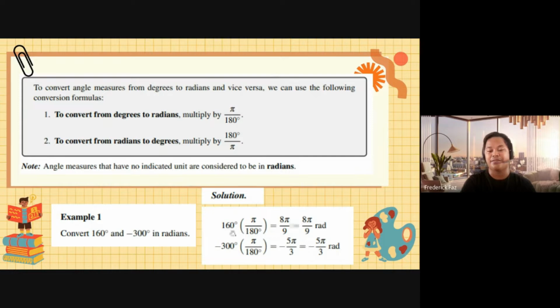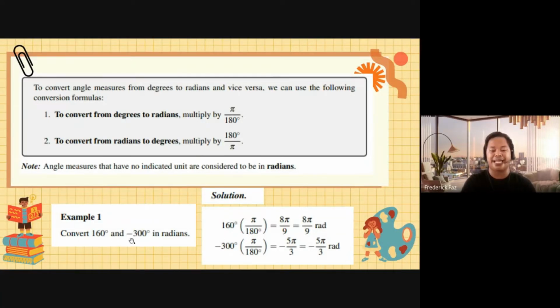If we simplify 160 over 180, we can express this fraction in lowest terms as 8 over 9, and copy pi. And then, don't forget to write rad, the symbol for radian.